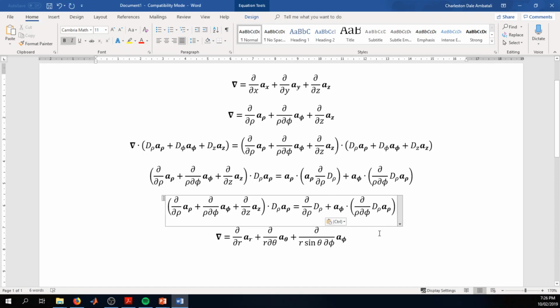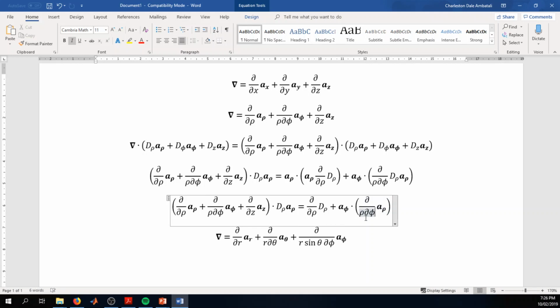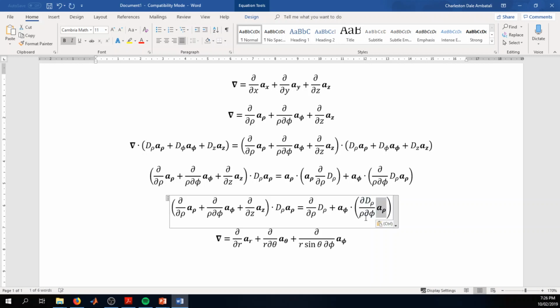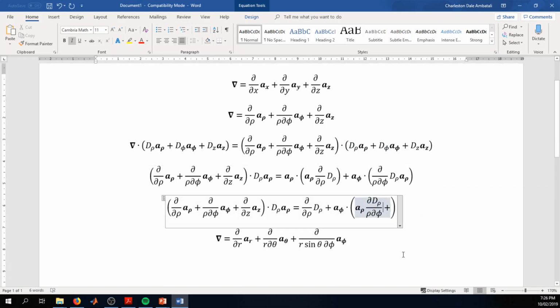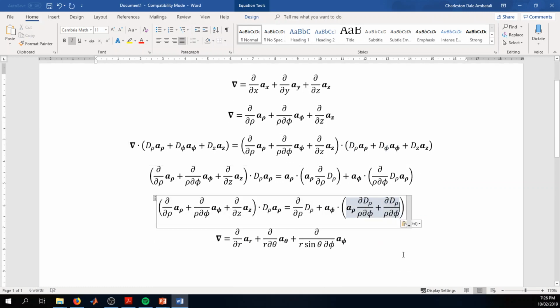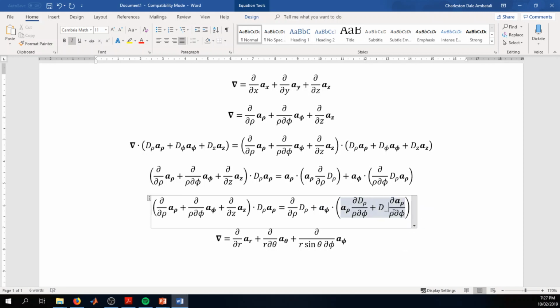Now, in this expression right here, we're going to use the multiplication property of derivatives, where this expression becomes the derivative with respect to rho, plus the partial derivative of arrow hat times 0. So this is the multiplication property of your derivative.